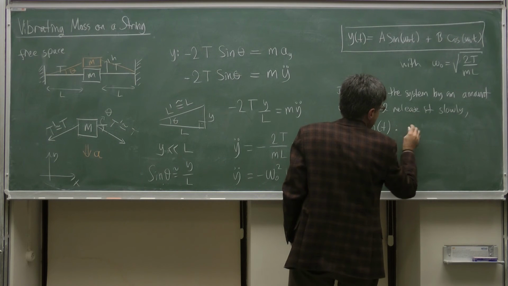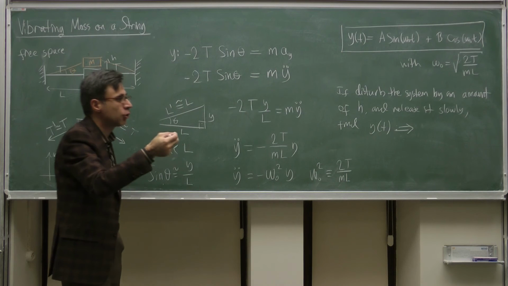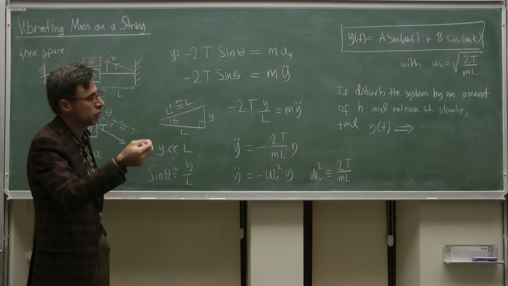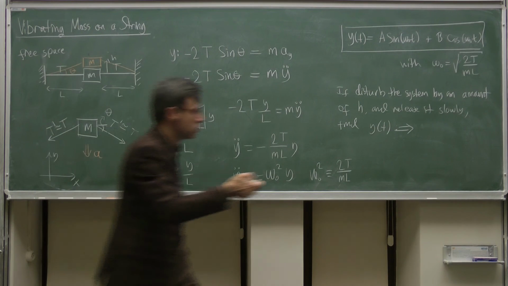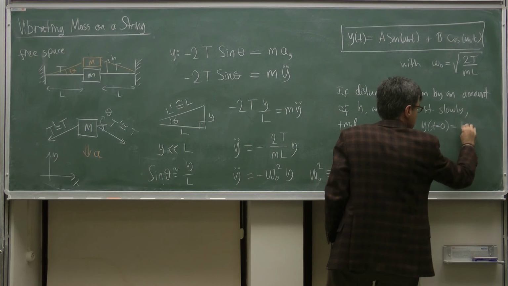Which means that the initial value of the position, the initial value of y, is equal to h. So y of 0 is equal to h.